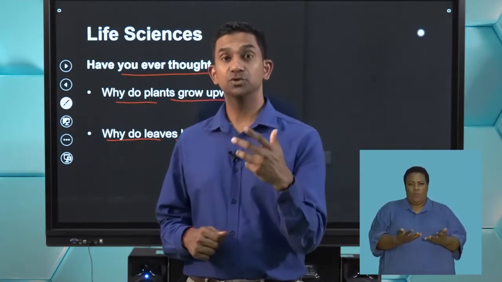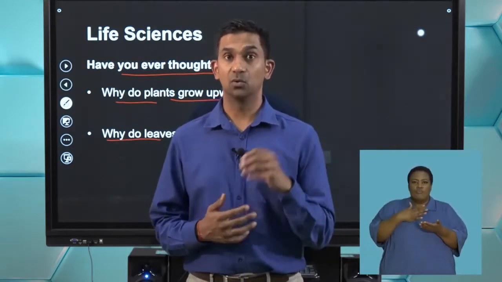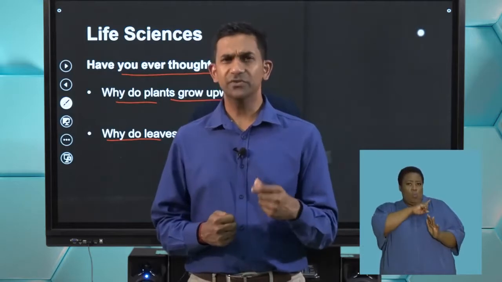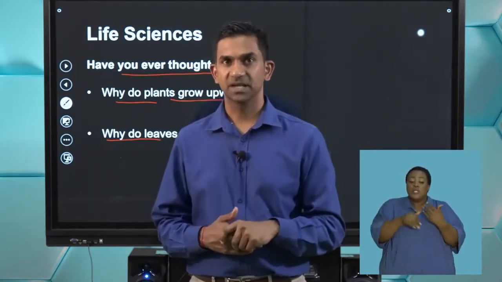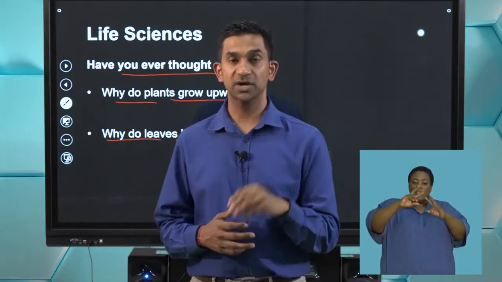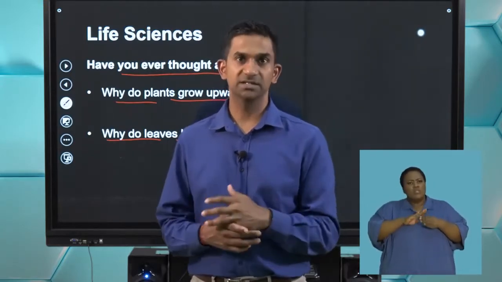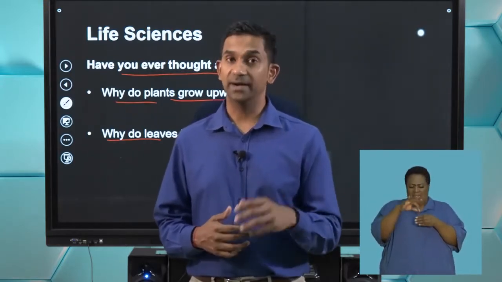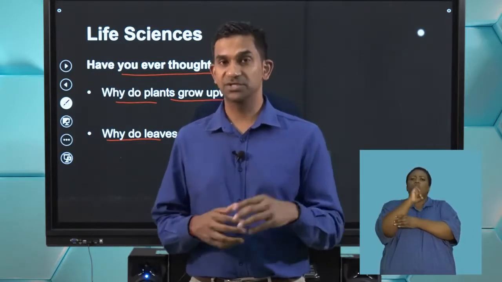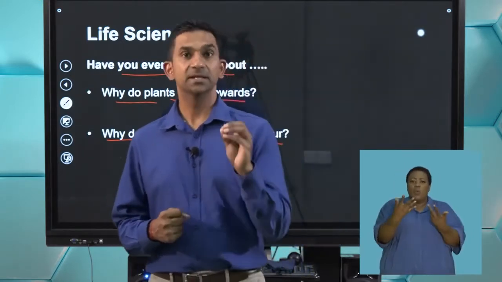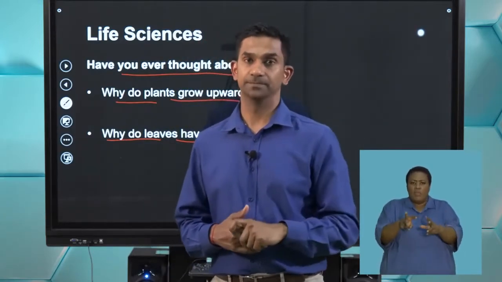For someone to prove the reasons why a plant grows up or why leaves are green, we've got to do a specific process called research, and carry out an investigation to determine the factors or reasons why a plant has green leaves or chooses to grow upwards. Hence, let's look at that process today and try to understand the method behind solving a question or a problem.